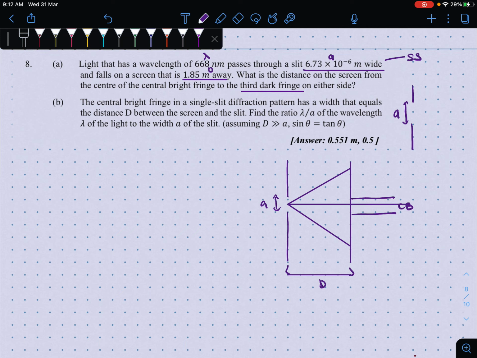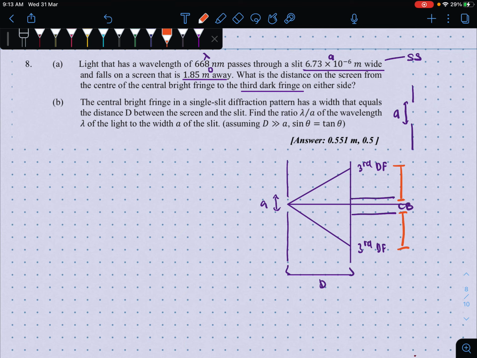So the question now asks to find third dark fringe. So here also you will get a third dark fringe. So sekarang soalan suruh cari what is the distance from here to here on both sides. So kita tahu jarak mereka adalah jarak yang sama. Dari central ke third dark fringe di atas dan juga daripada central ke third dark fringe di bawah, the jarak is going to be the same.